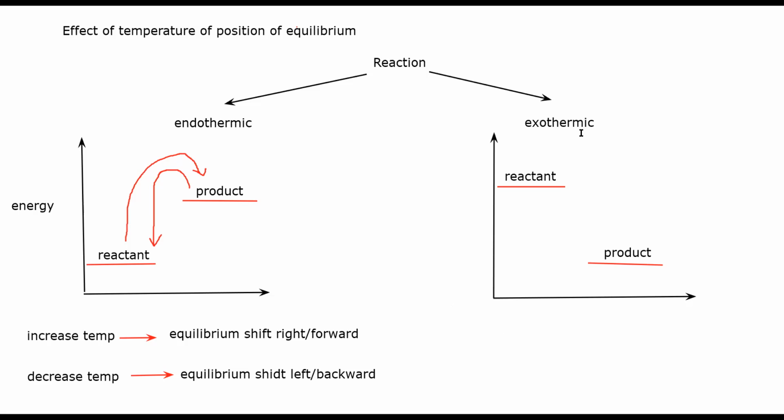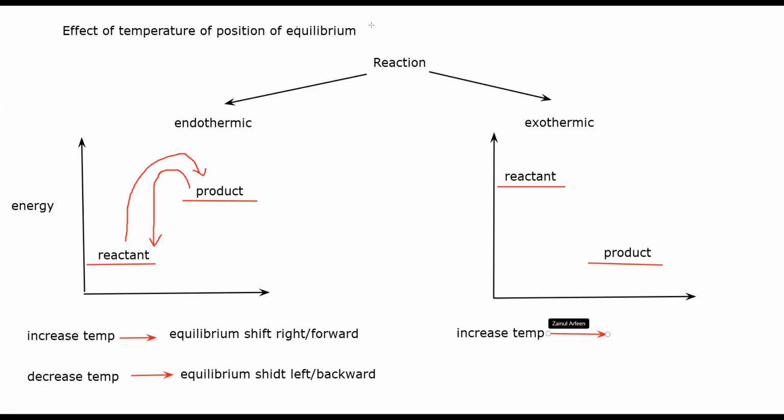And if you have an exothermic reaction, it means reactant has high energy and the product has low energy. And I'm increasing the temperature. If I increase the temperature, where will the equilibrium shift?